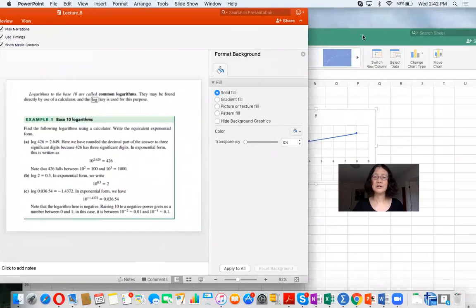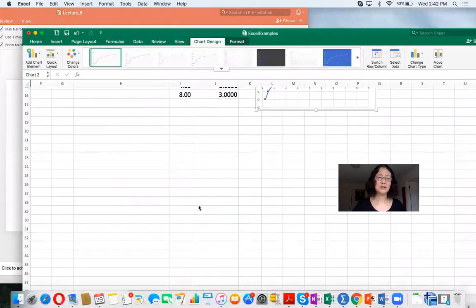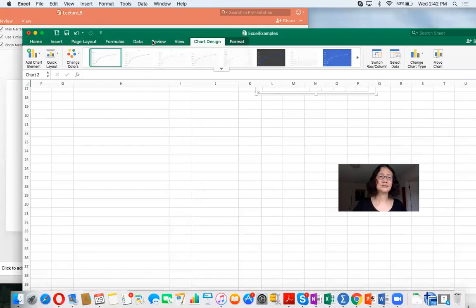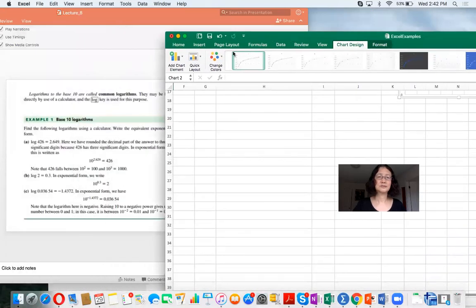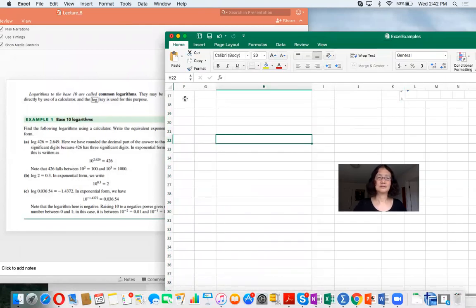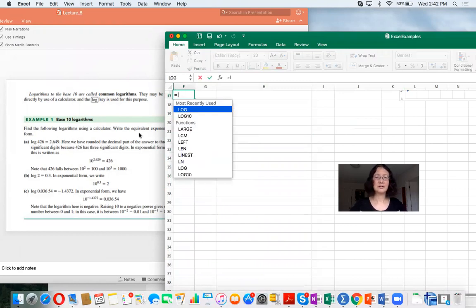Move over here, and maybe room here. So log base 10, then 426.